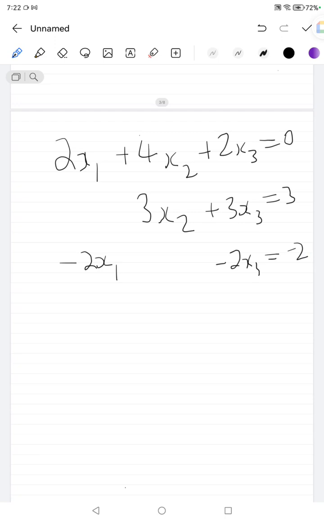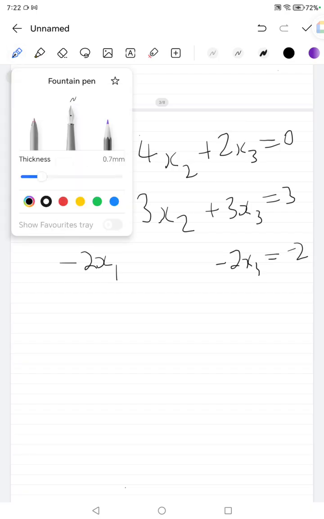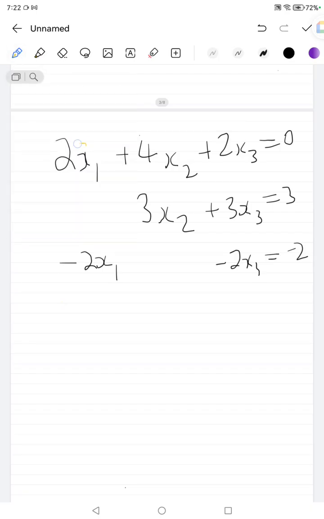I've seen this question in the long form questions and also in the short form questions where they ask you to do this in an augmented form. As you can see, the normal order is x1, x2, and x3.